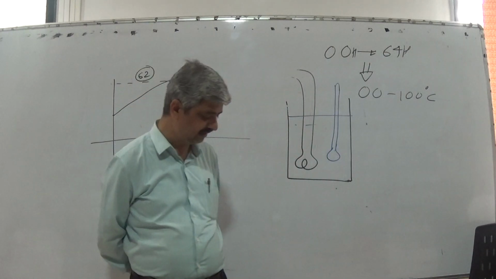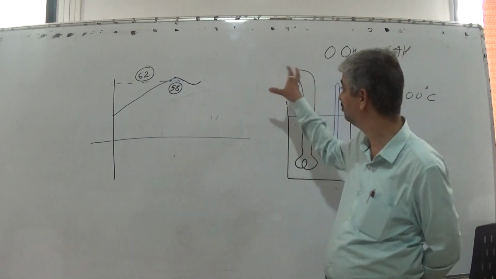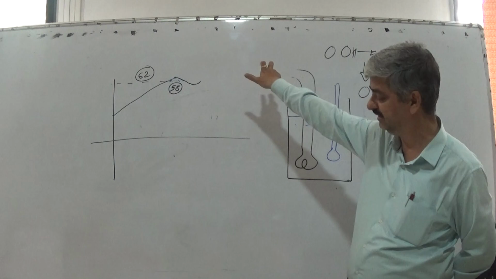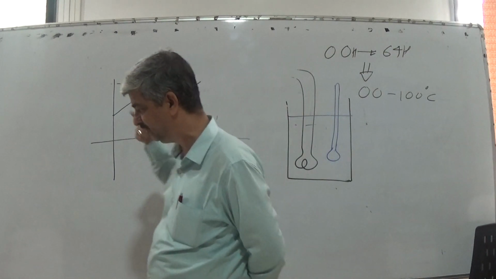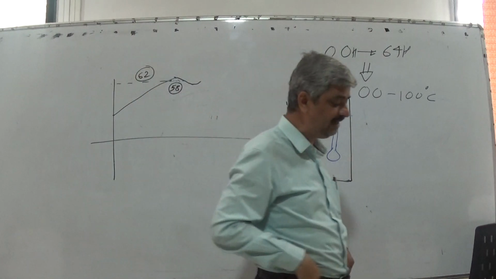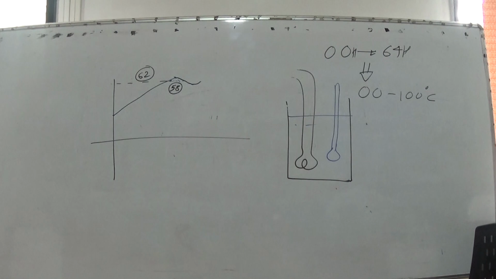So one will say that I will change the voltage, and I will bring the system to equilibrium. What is equilibrium? When temperature remains constant for a given system.